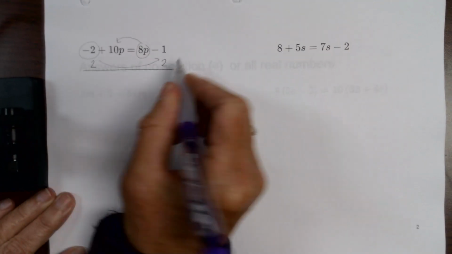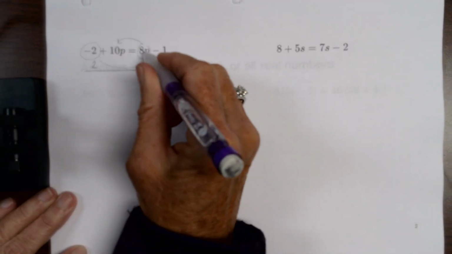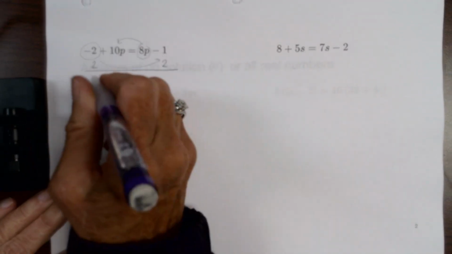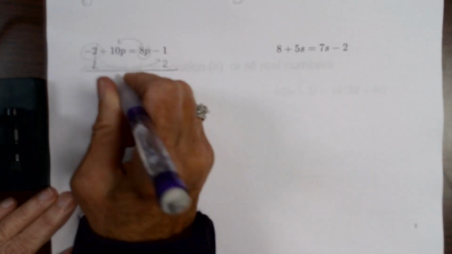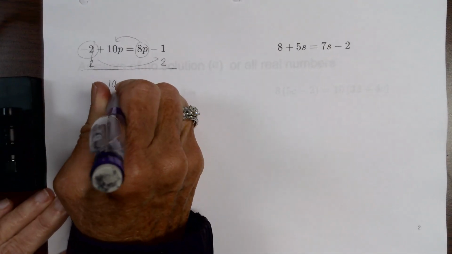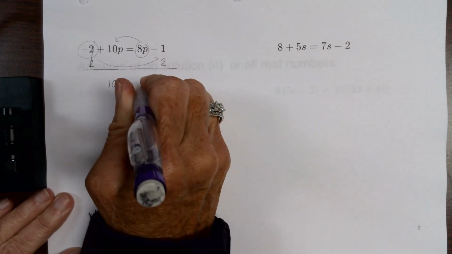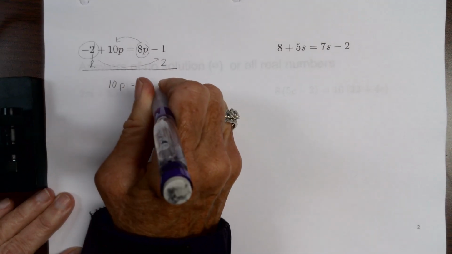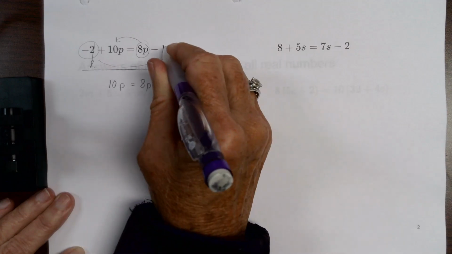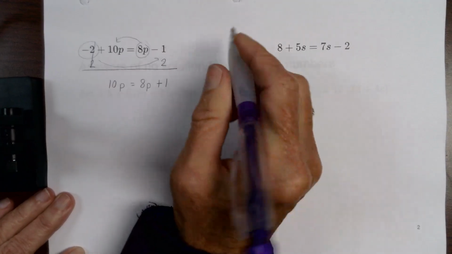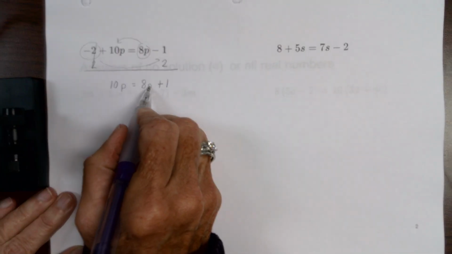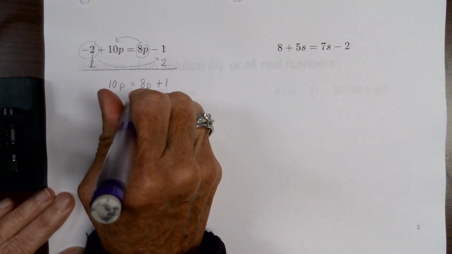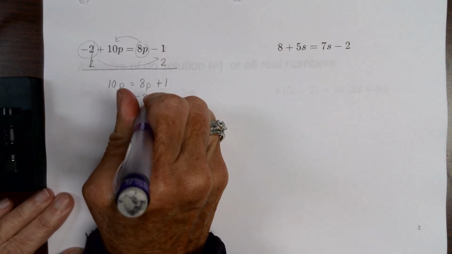sides. Now you know that you cannot add the 2 to the 2p, so you add it to the negative 1. These are equal to 0, so I'm left with 10p is equal to 8p plus 1, because that's what I get when I add the 2 and the negative 1. Well, now remember I've got to take the 8p to that side, so that 8p is added.